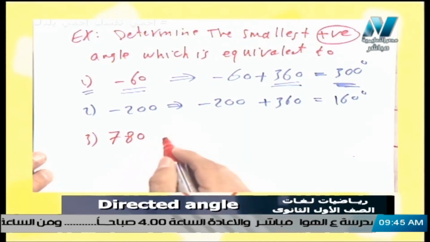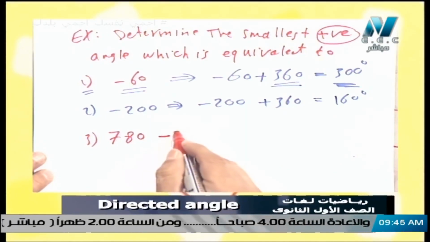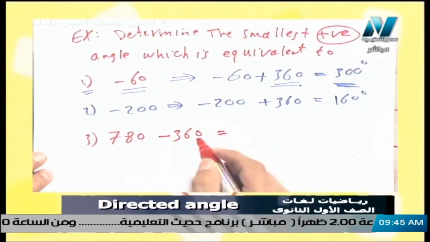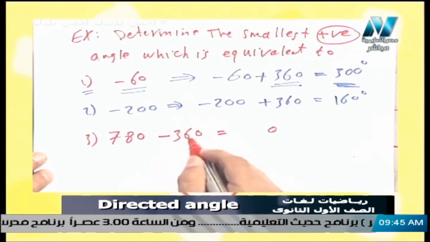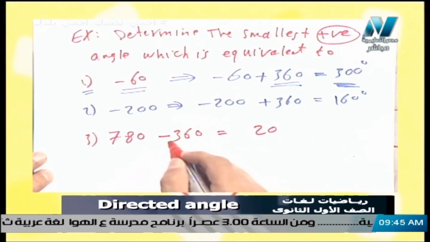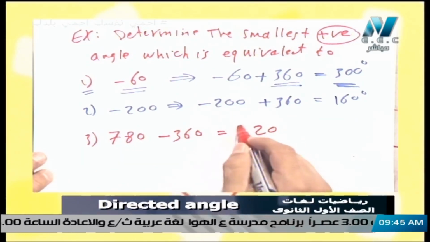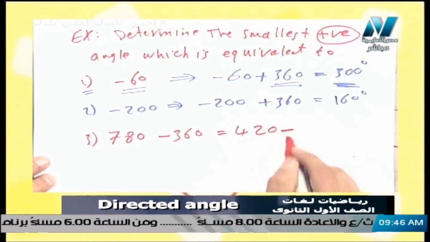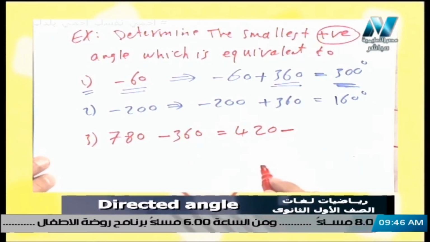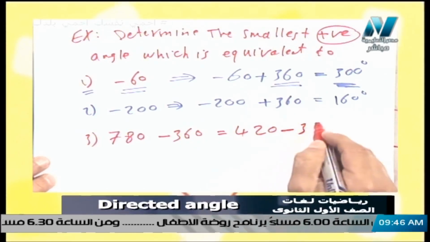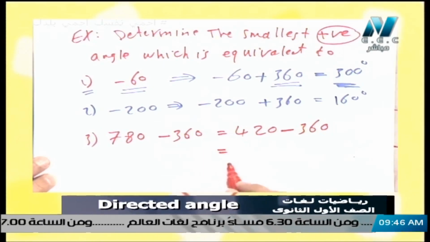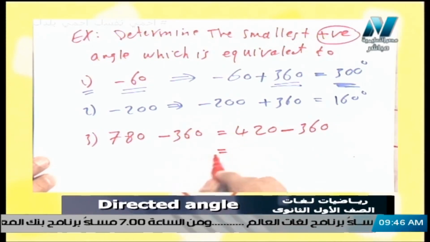So we will try minus 360 first, and the answer here will be 420. Still more than 360, so we will subtract another 360, and the answer will be 60.